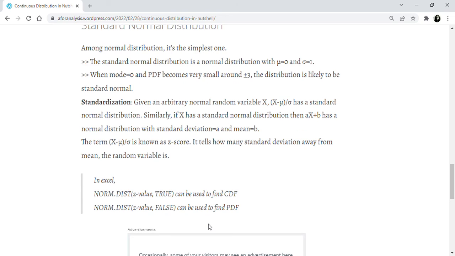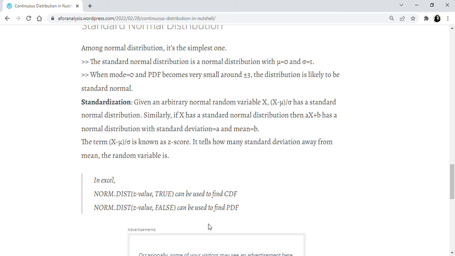So the standard normal distribution is a normal distribution where the mean or mu is equal to 0 and the standard deviation sigma is equal to 1. The mode is 0 and the probability density function becomes very small around plus minus 3. Now let's talk about standardization.